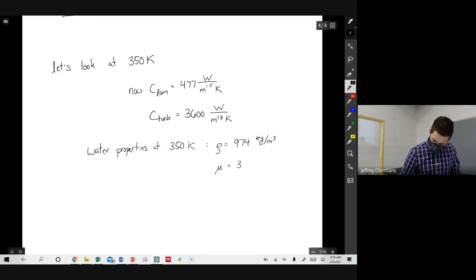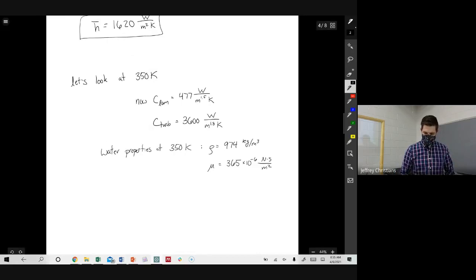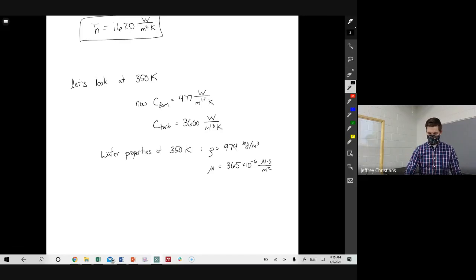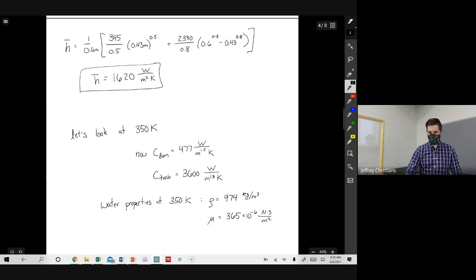So this goes to 365 times 10 to the negative 6 per meter squared. Okay, so what happens? We will get slight changes to these coefficients, C lam and C turb. We went from 395 up to 477.